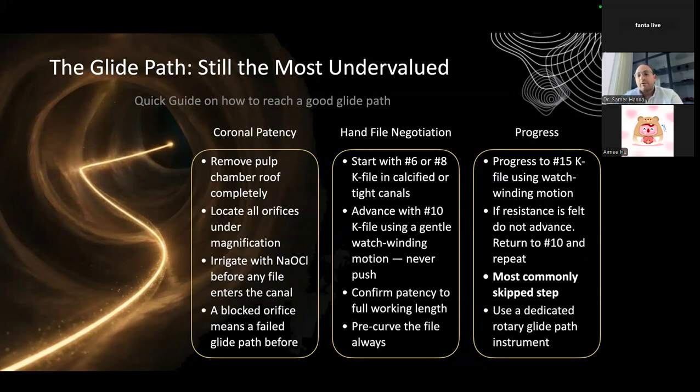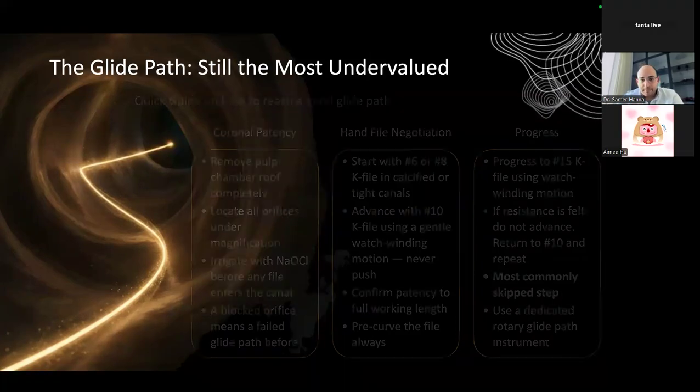Once we have our file 15 going in smoothly to the working length, this is when we go back to our rotary machine and we continue with the glide path instrument and later on with the shaping. If I feel any resistance, stop, go back to file 10, ensure your glide path, and then continue back to 15 and then rotary.